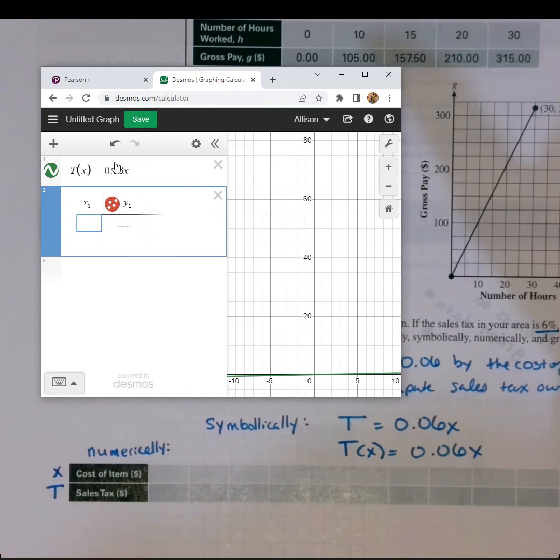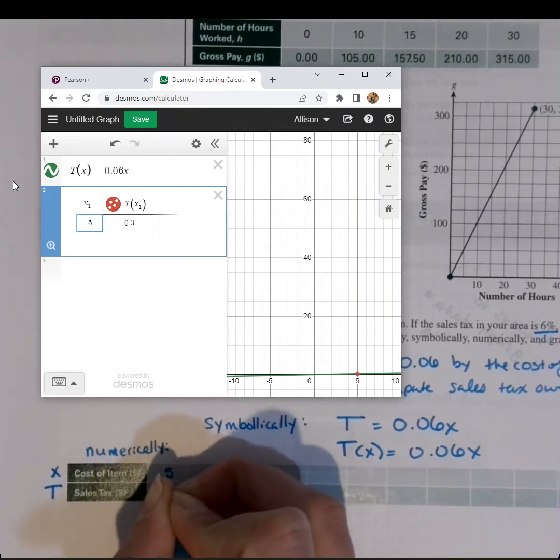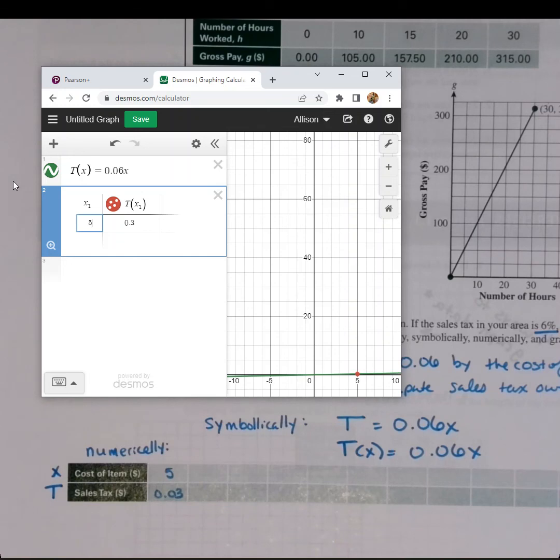I can plug anything I want into the table, but I'm going to autofill with T of X1. The name of the function is T. I want to put all the X1s into the function. So let's say the item costs $5. If it costs $5, I owe 30 cents of tax.